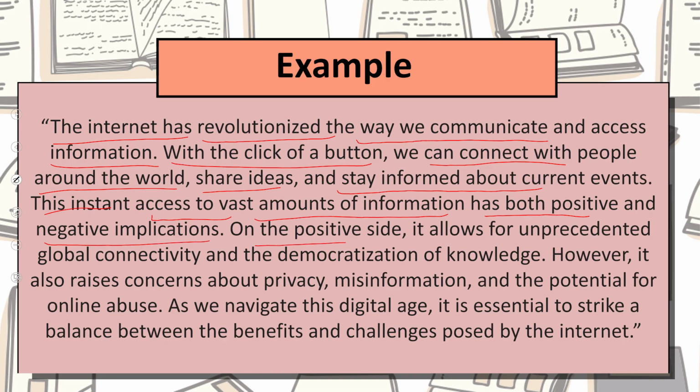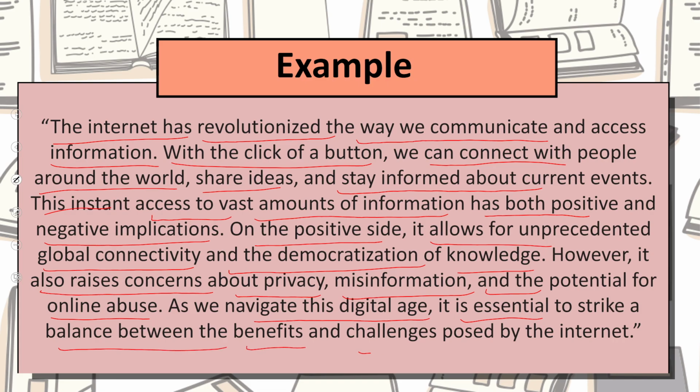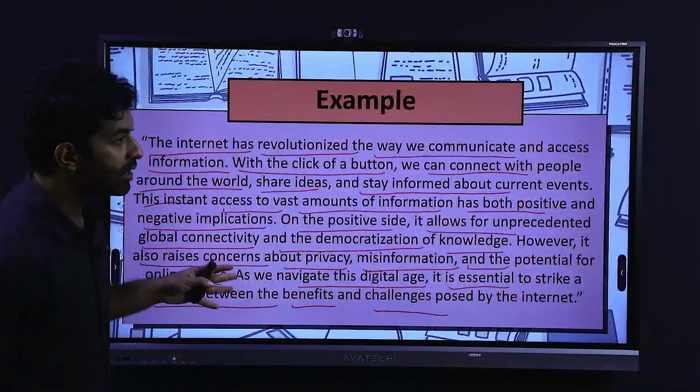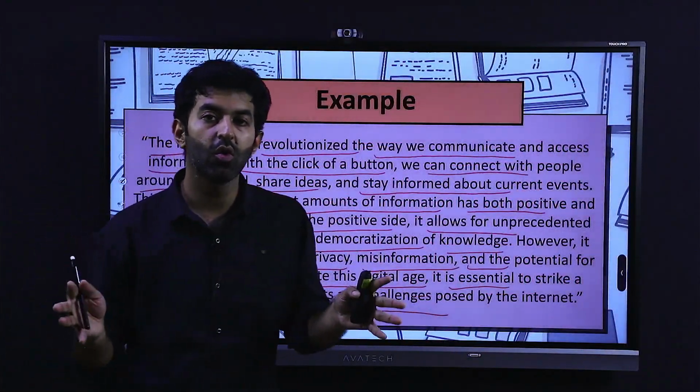On the positive side, it allows for unprecedented global connectivity and the democratization of knowledge. However, it also raises concerns about privacy, misinformation, and the potential for online abuse. As we navigate this digital age, it is essential to strike a balance between the benefits and challenges posed by the internet.